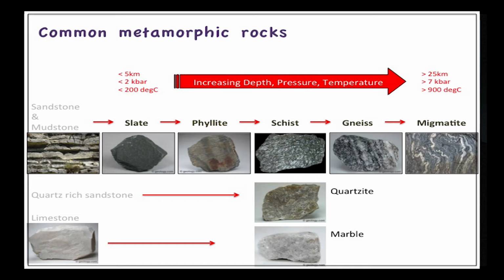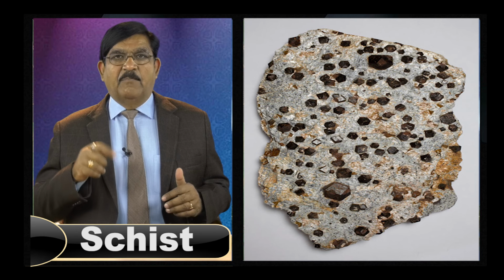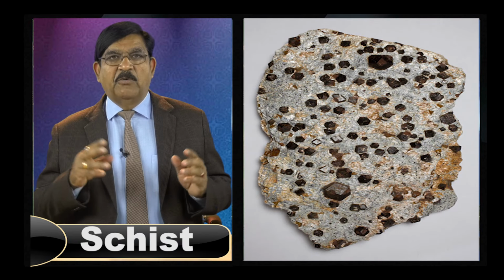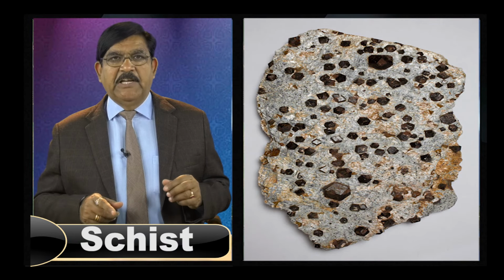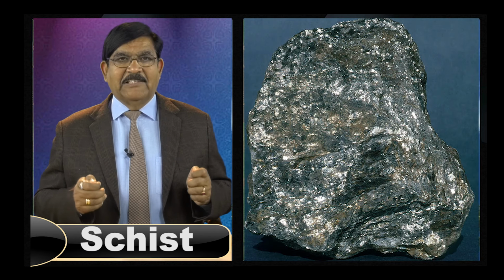This means that they came through a transition from shale to slate to phyllite to schist. Schist is characterized by an abundance of coarse mica mineral grains such as muscovite, biotite, and chlorite. The mica grains are large enough to be seen without any magnification. Usually, they can be flaked off with a fingernail.